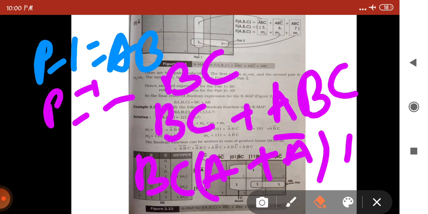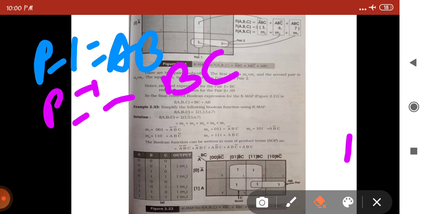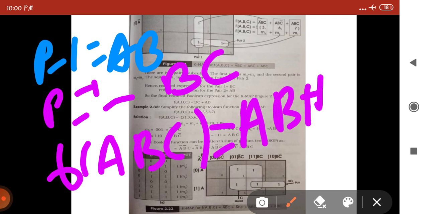In pair 1 and pair 2, AB and BC are the answers. Let us write that. F of ABC equals AB plus BC. AB plus BC is the answer for this question.